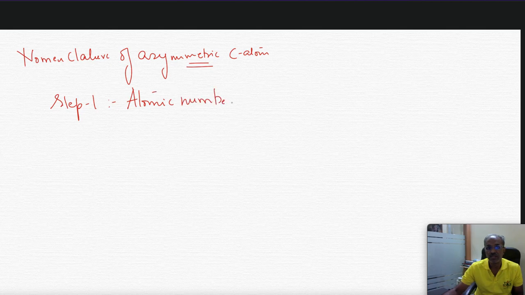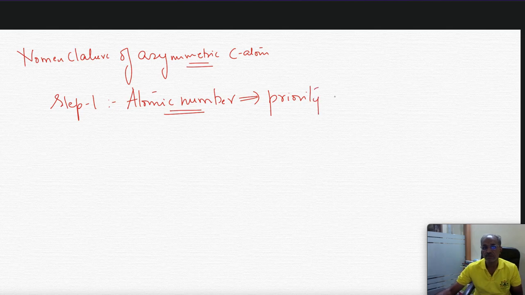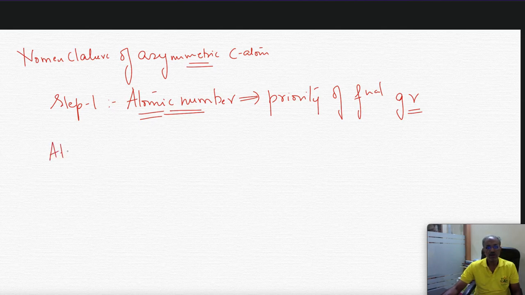The atomic number of a particular functional group decides the priority. That means the priority of a functional group depends upon its atomic number. Atomic number is such a value you can find out easily. You know the atomic number of each atom.